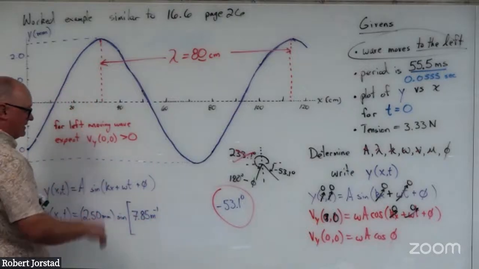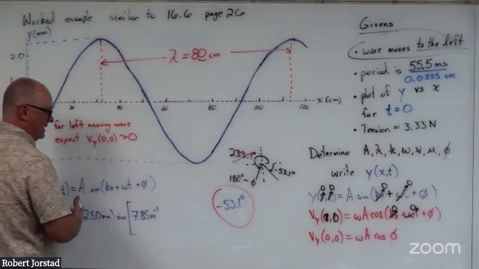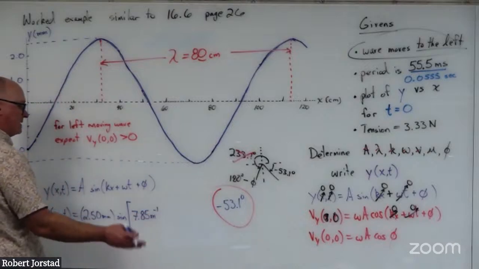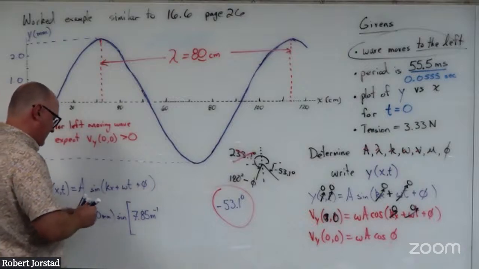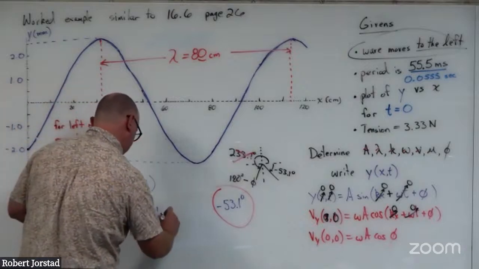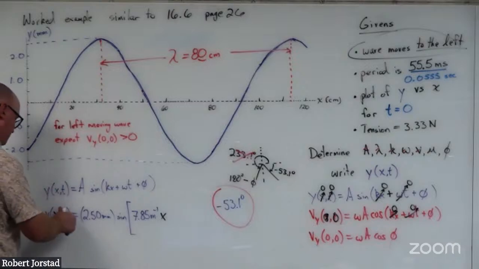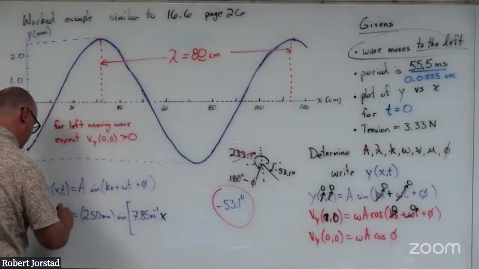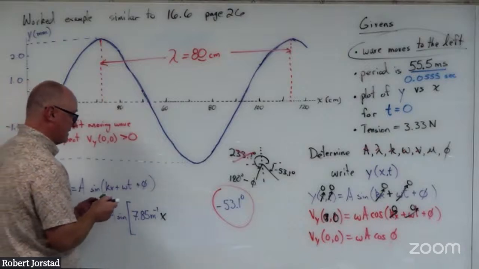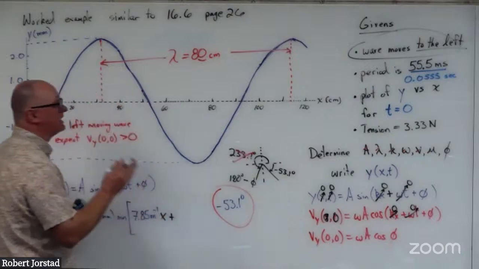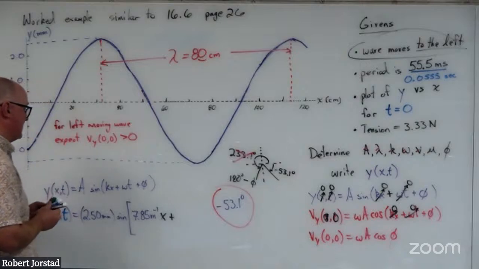But since I was getting this from a graph, I'm going to include 3 and assume our answer is correct to 2. So then we have x. Then we do plus because we're moving to the left.